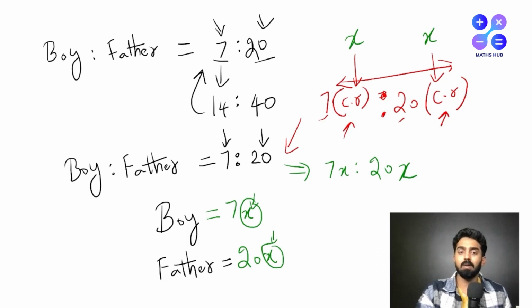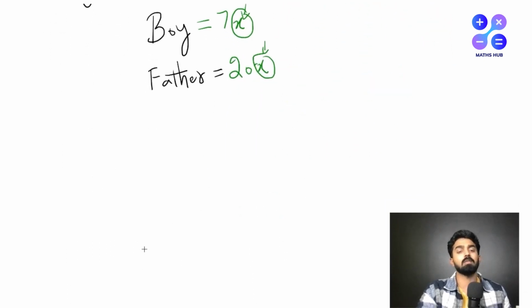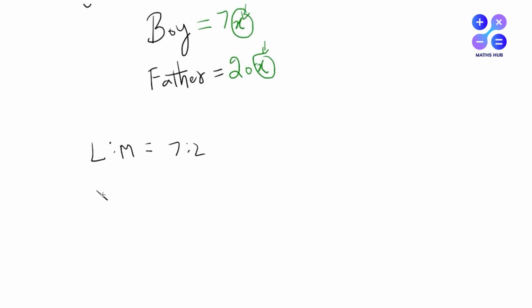Any ratio question you will be encountering, the first thing you need to do is assume a common ratio and multiply the rest of the terms with that. So let's say you have a question where you are told that L is to M is 7 is to 2 and X is to Y is 3 is to 4 and so on. Doesn't matter how many such ratios you get, you always start with a common ratio.